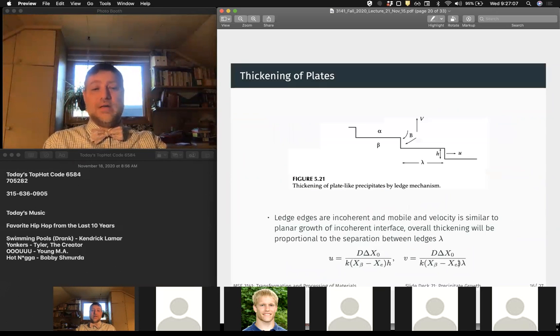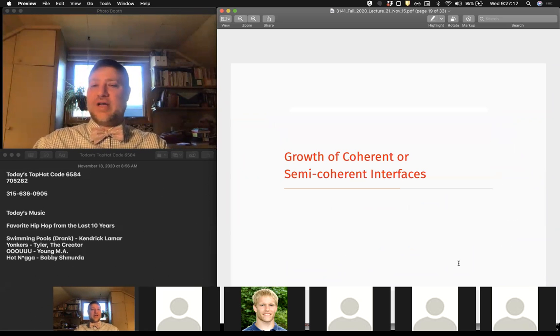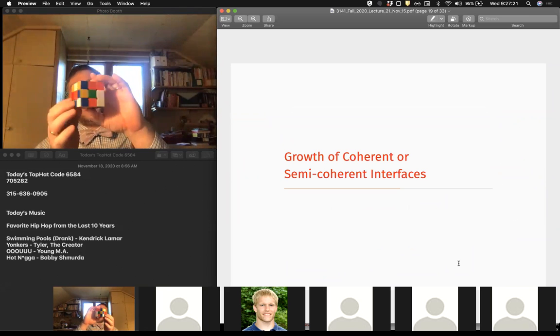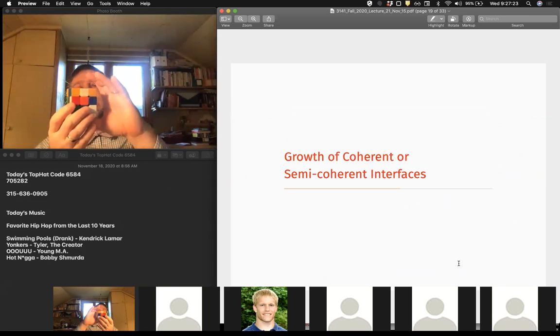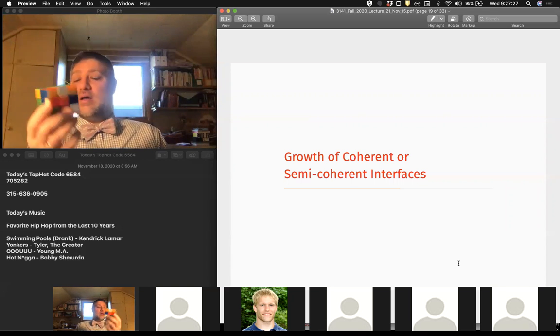Okay. The growth of semi-coherent or coherent interfaces. I said before that if I have a coherent interface, if I have a cuboidal particle and these are all coherent or semi-coherent interfaces, that this growth is going to be slow, right?